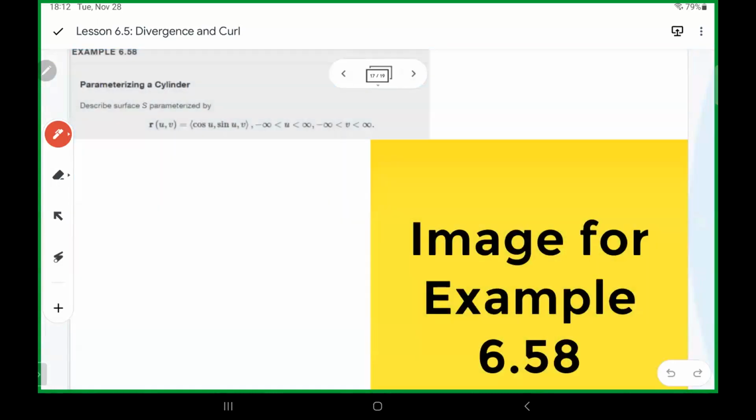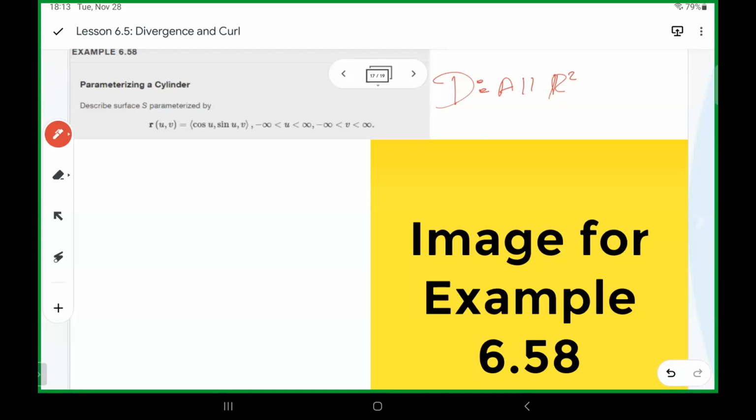All right. So describe the surface S by the following. Okay, so to get an idea of the shape of the surface, we first plot some points. Since the parameter domain is all R2, we can choose any value for u and v and plot the corresponding points.